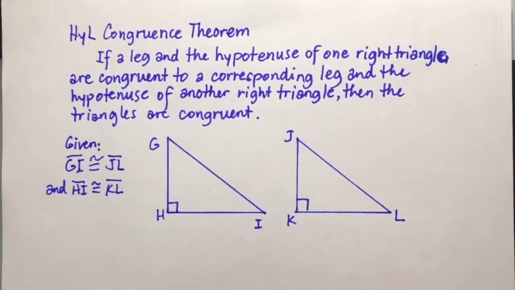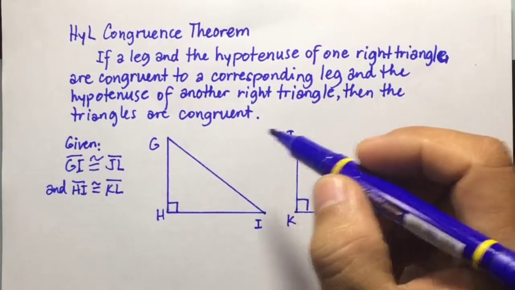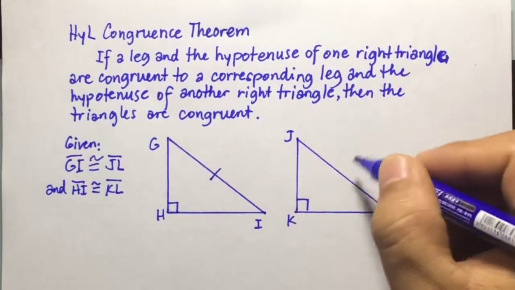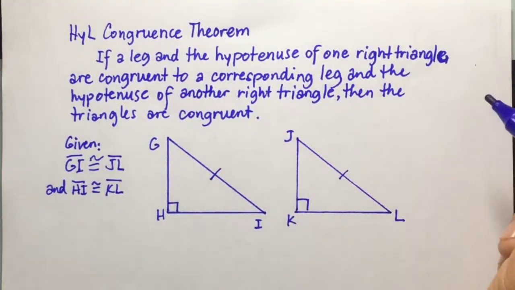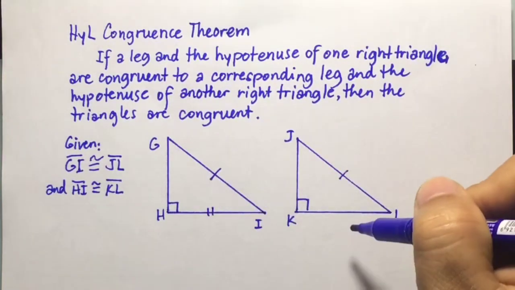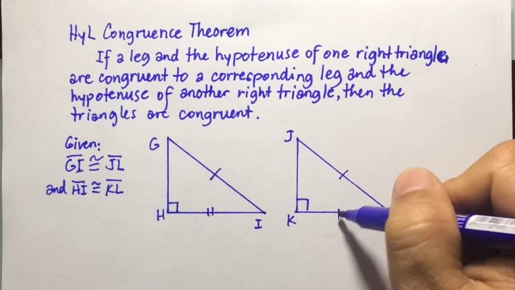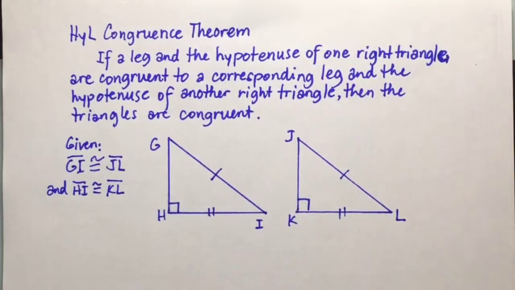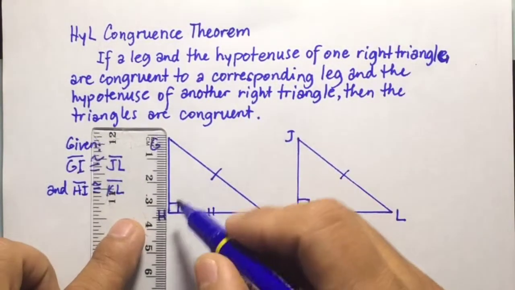So given here that GI, the hypotenuse of this triangle here, is congruent to JL, and HI is congruent to KL. If we're going to put triangle JKL below triangle GHI, we can have this figure here. So we'll just extend this one.